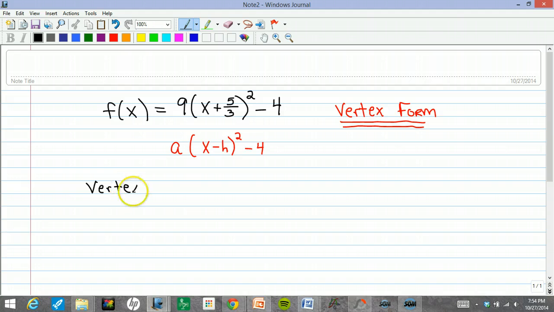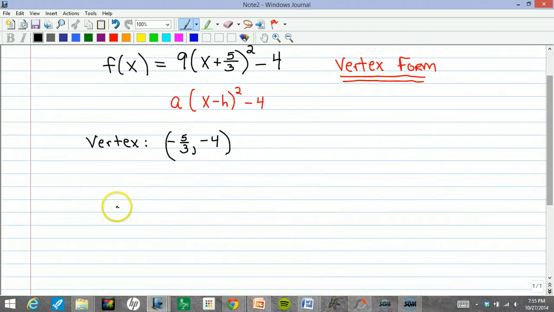Let's go back to what we know about transformations, particularly translation. This shifts the graph to the left 5/3 of a unit, and then down 4. So there's our vertex: negative 5/3, negative 4.